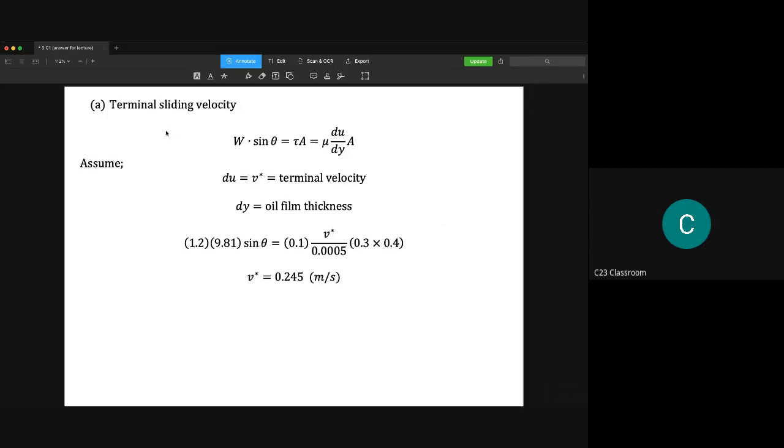For the equation, I take everything from the textbooks.